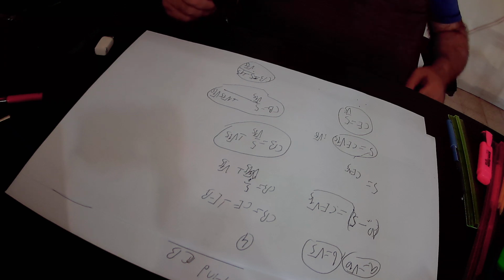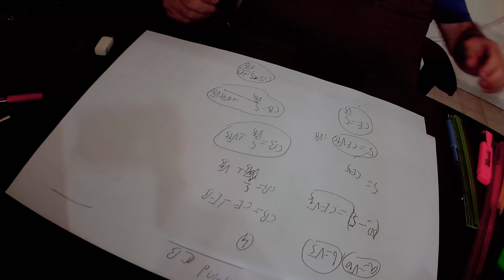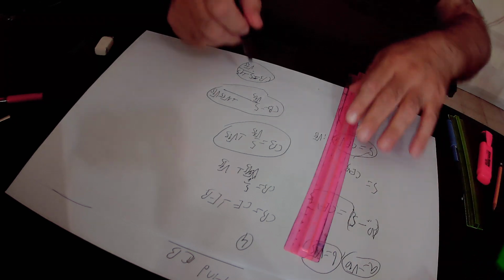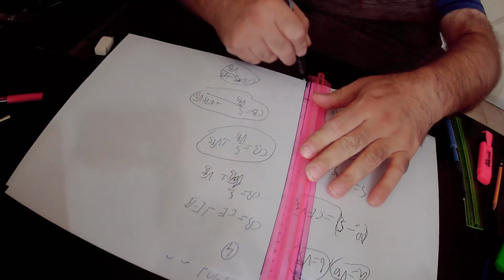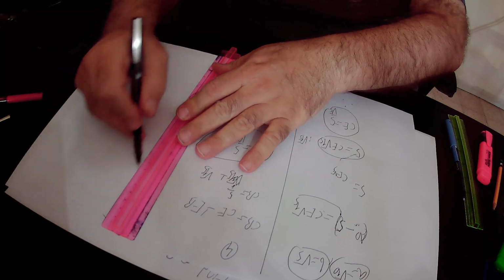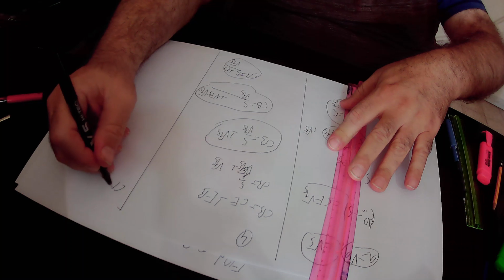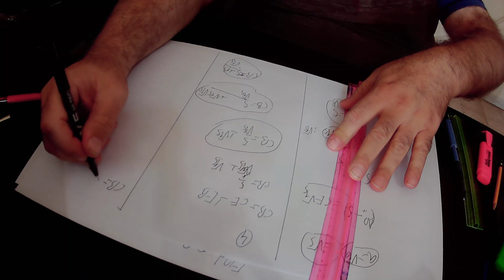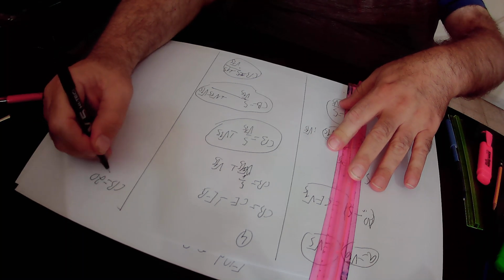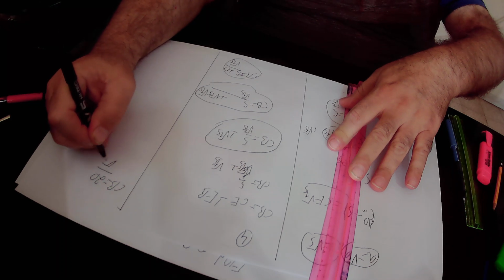CB equals 5 plus 15 over square root of 15. 5 plus 15 is 20, so in the numerator we have 20 over square root of 15.